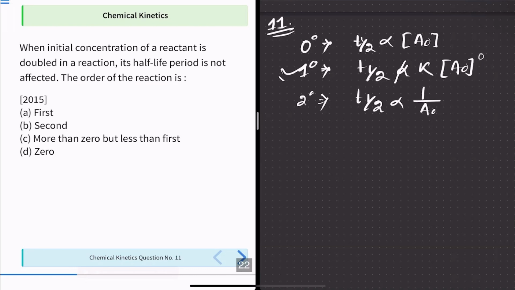It is first order reaction. If it was given that when you double the concentration of reactant, the rate of reaction is also doubled, then it would be zero order reaction. But here it is first order reaction. So the correct option is A.